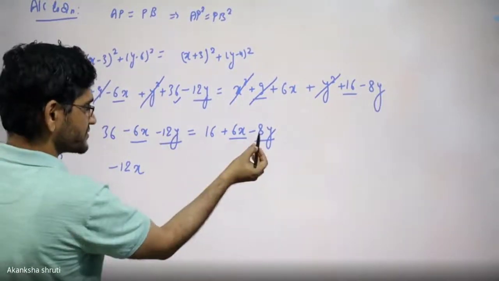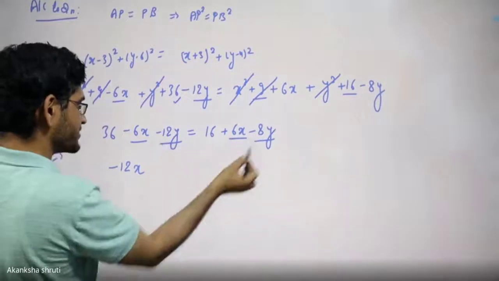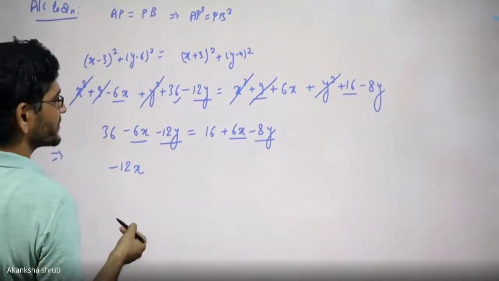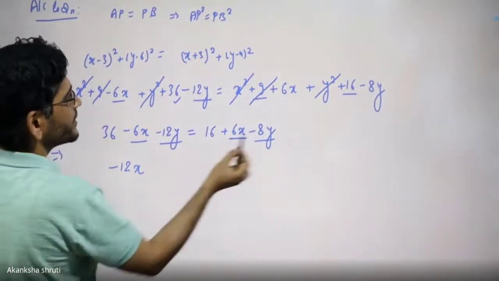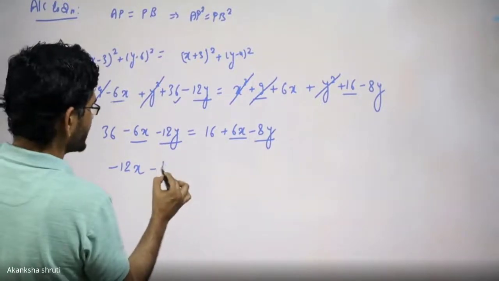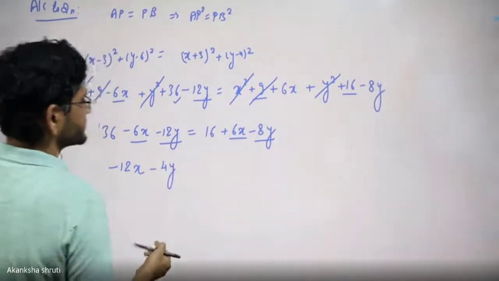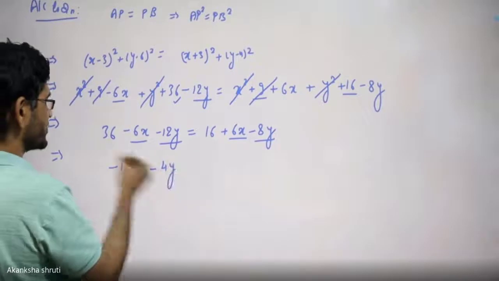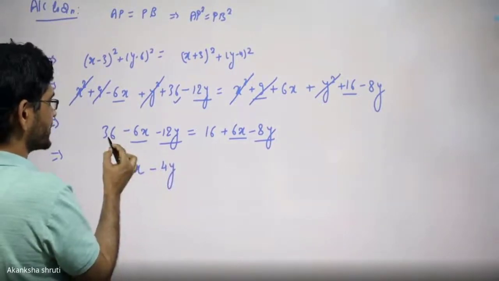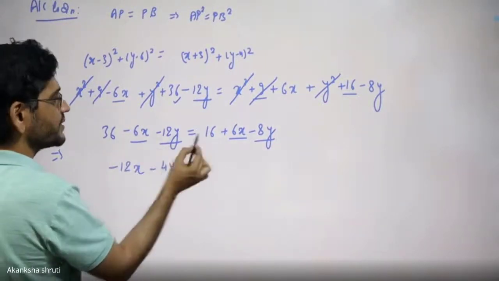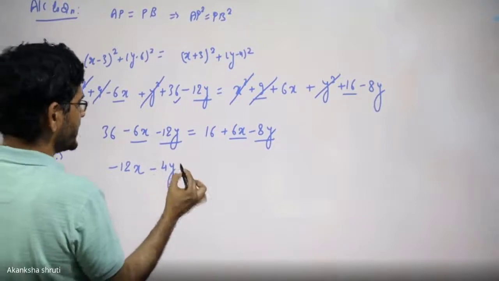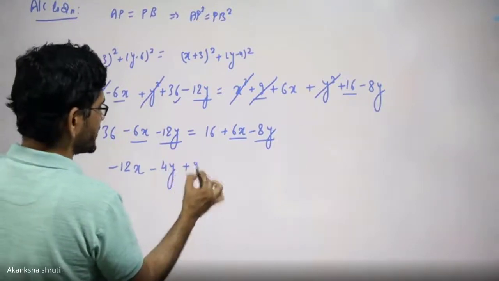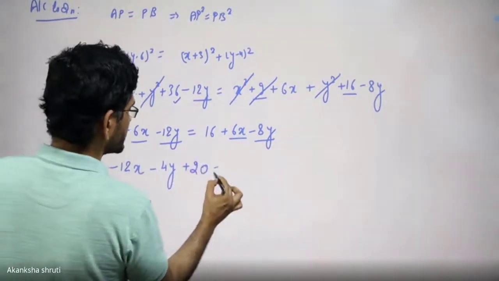So this minus will become plus when it is brought to the left hand side. So it is minus 12x plus 8 minus 4y. Students, bring this 16 to the left hand side. So 36 minus 16 becomes plus 20, equal to 0.